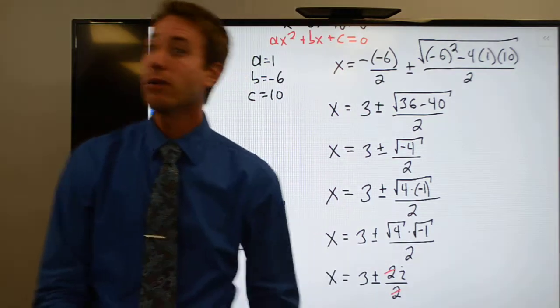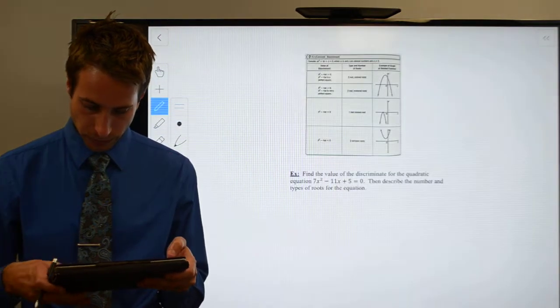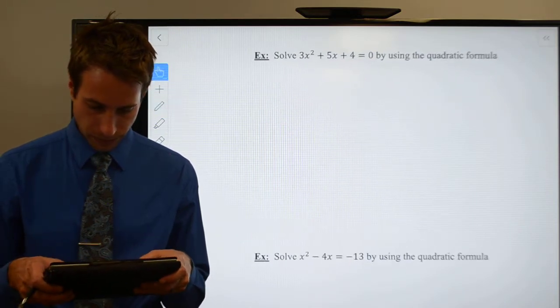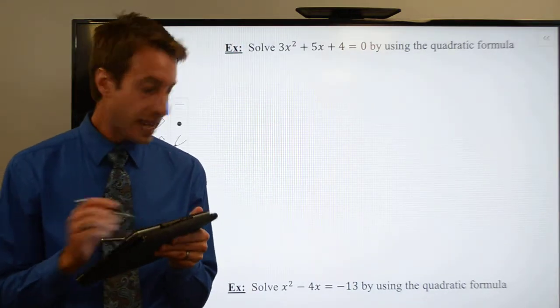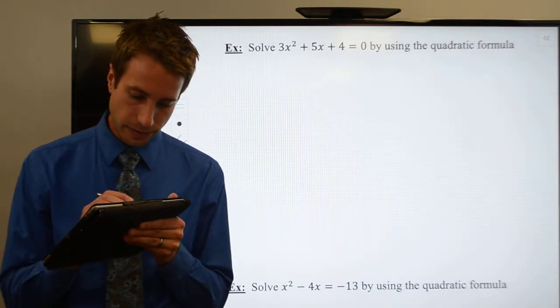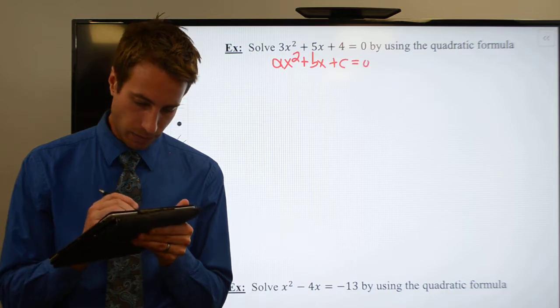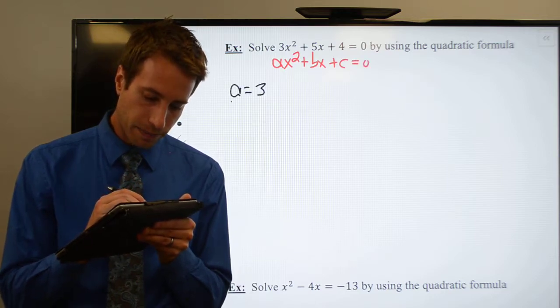And that went so well, we should try another. There we go. I need it to be in standard form, and it is. a is equal to 3.